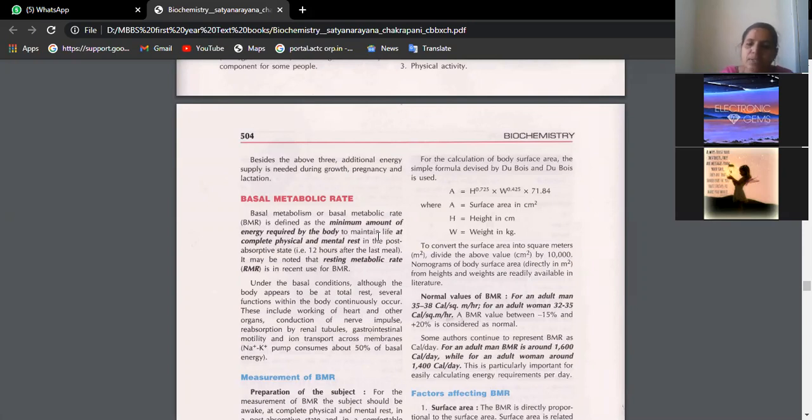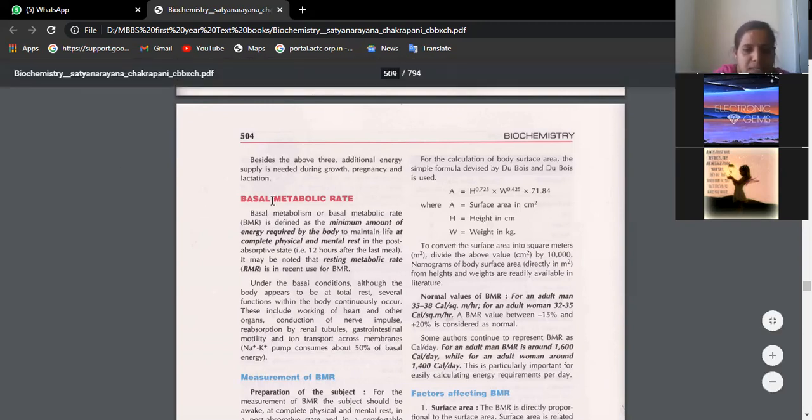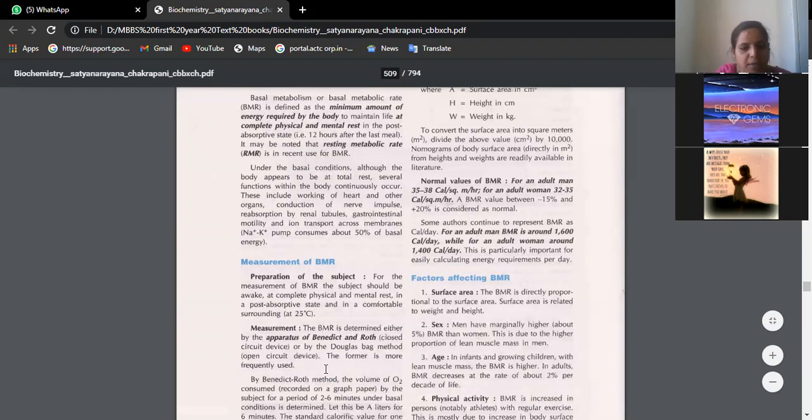That means some amount of energy is being utilized. That minimum amount of energy which is being utilized to maintain these normal basic functions is nothing but basal metabolic rate. So that is whenever we are at complete physical and mental rest, the amount of energy which is expended is nothing but basal metabolic rate.